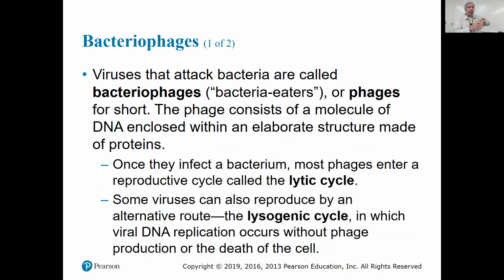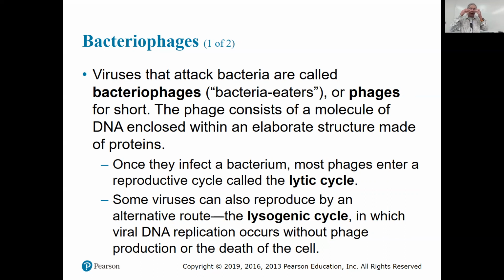Sometimes they enter a lytic cycle and kill the cell, but other times they don't. They can make new viral particles and exocytose them without killing the cell. Those are the kind of viruses that, if you get one, you get it for the rest of your life.